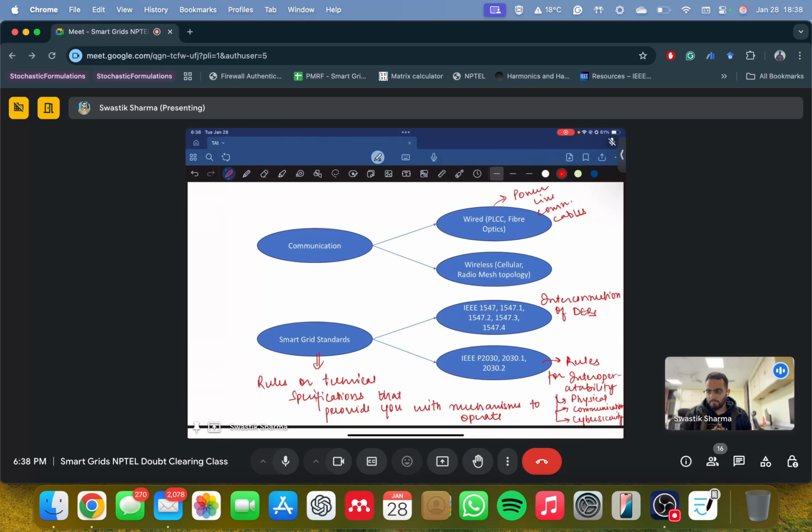So that is one. And then you have how much voltage you can influence at a point of common coupling. At a point of common coupling, they tell you that only plus minus 5% is the amount of voltage that you can influence. What do I mean by influencing? You shouldn't cause fluctuations at that node, right?